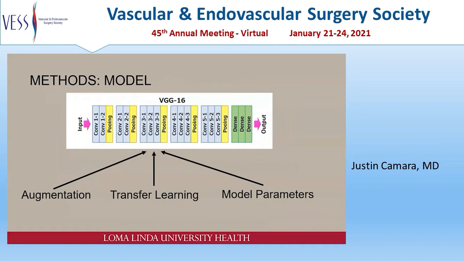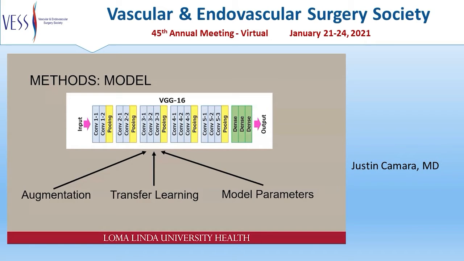For our analysis, we selected the VGG16 neural network architecture. It is a neural network architecture that performs well on a variety of tasks. We boosted the performance of this neural network by applying augmentation, which takes a base set of images and applies changes to them to generate a larger data set from an existing smaller data set.